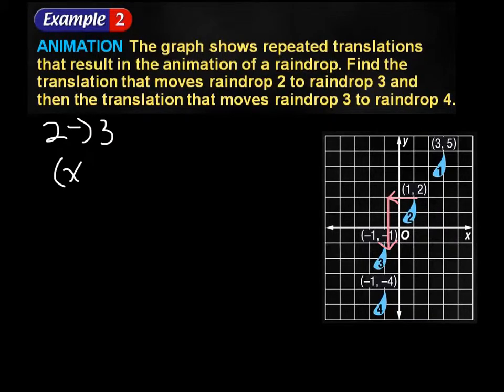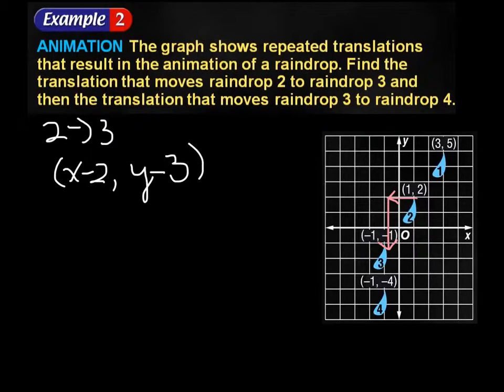So to go 2 units to the left, I need to take 1 minus 2 to get to negative 1, and to move 3 units down, I need to take the y value, which was 2, and subtract 3 to get to negative 1.